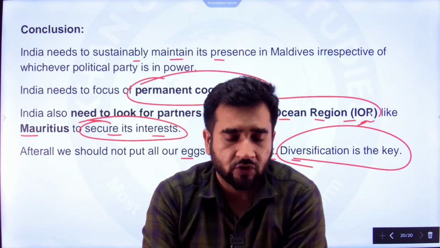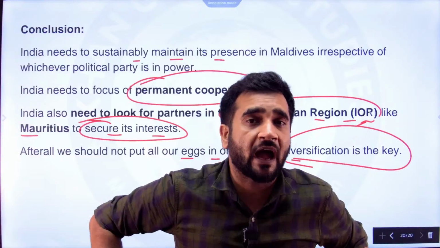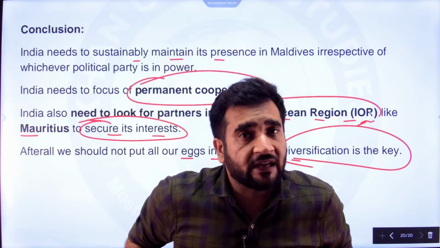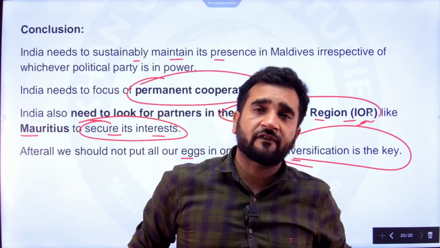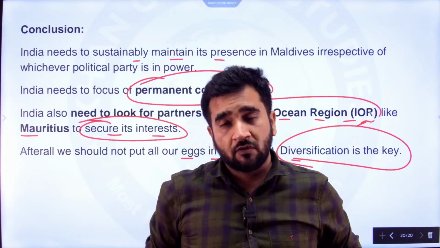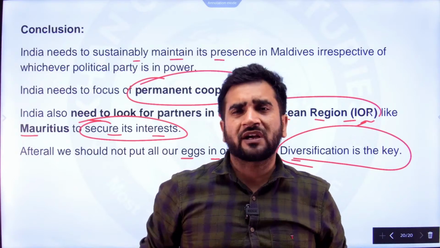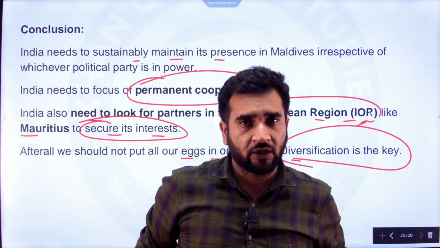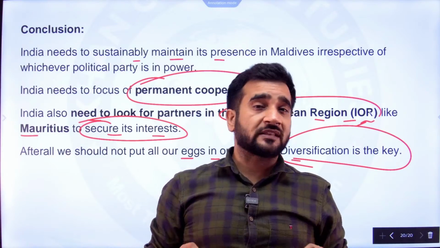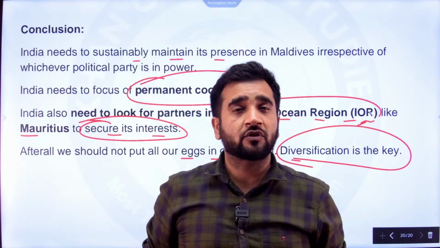ठीक है। So I hope you guys understood how to approach these questions. आपके आंसर्स में डाइवर्सिटी होनी चाहिए, आपके आंसर्स में बैलेंस होना चाहिए, एक तरफा नहीं होने चाहिए। आपके आंसर्स में फ्रेशनेस होनी चाहिए, बिल्कुल रीसेंट टाइम से आप एग्जांपल्स लाके डालो। और कोई रॉकेट साइंस नहीं है रे आंसर राइटिंग। You need to be very simple, because the examiner wants to read what the question is demanding, and examiner wants to read simple things.